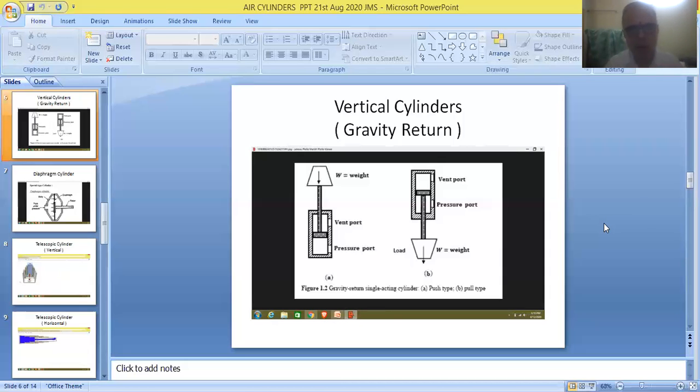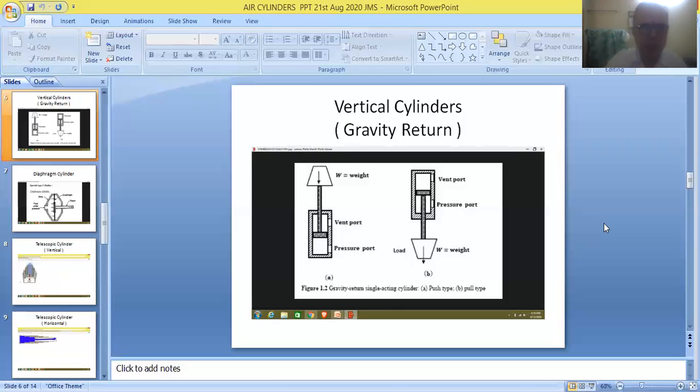Therefore, when the piston is moving upward, naturally the load will also be moving upward. Here the piston is pushing the load in the upward direction, so it is referred to as a push type cylinder.